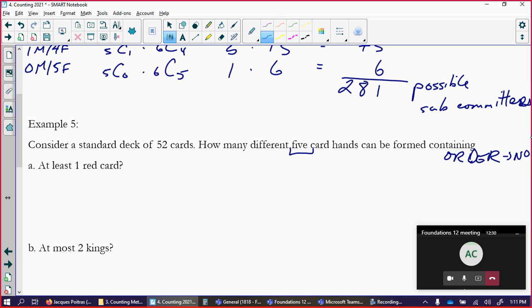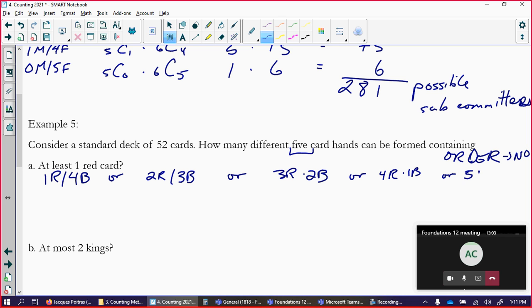So with colors, I could do it with red and black. We can have 1 red. If we have 1 red, then we're going to have 4 black cards. Or 2 red, 3 black, or 3 red, 2 black, or 4 red, 1 black, or 5 red, 0 black.